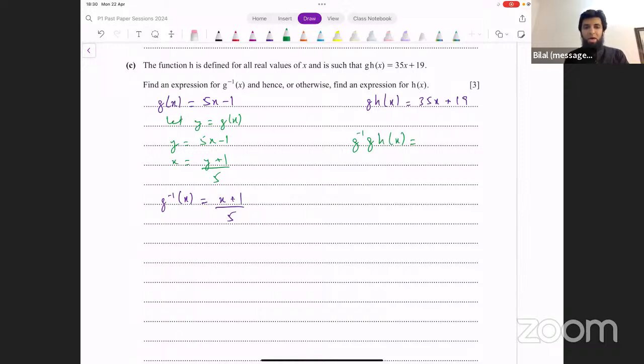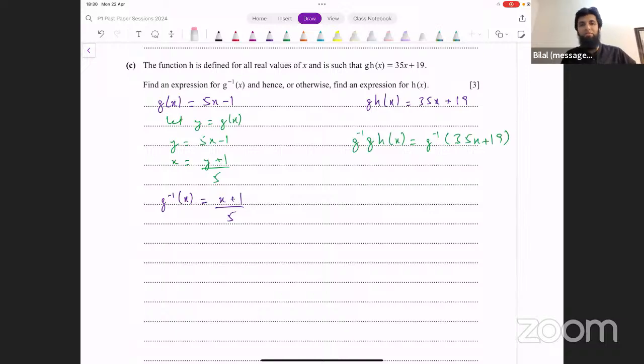But we can't just apply g inverse on the left side. We have to apply it on both sides. We say g inverse of g of h of x equals g inverse of 35x plus 19. Since we want to make h of x the subject, in order to get rid of this g, we apply g inverse on the left side.